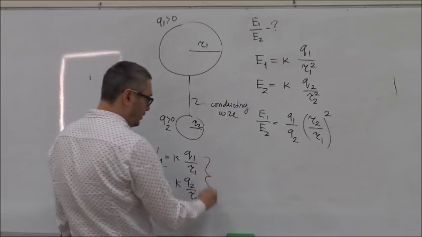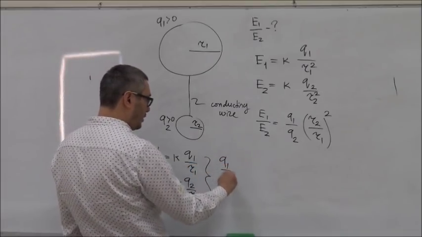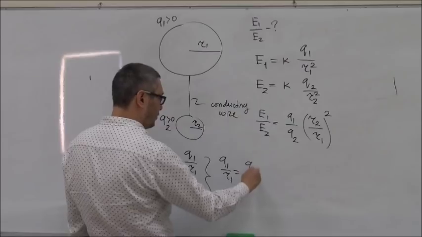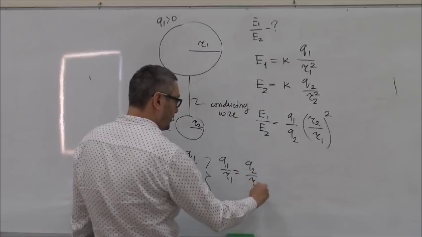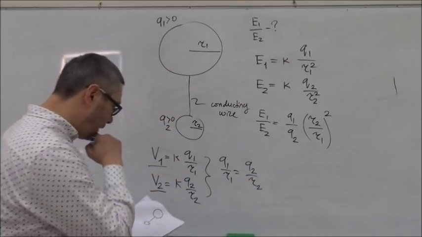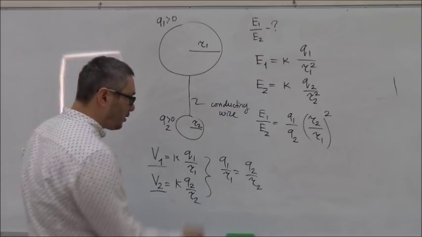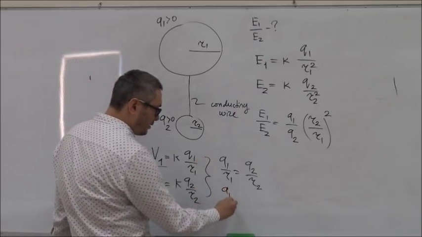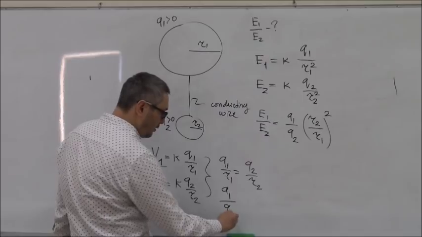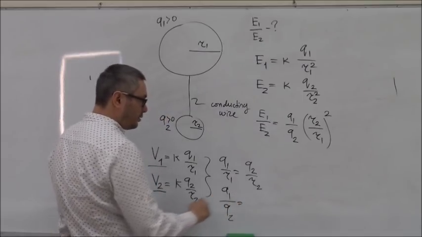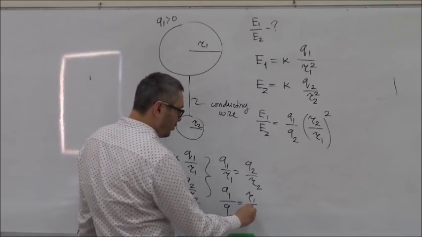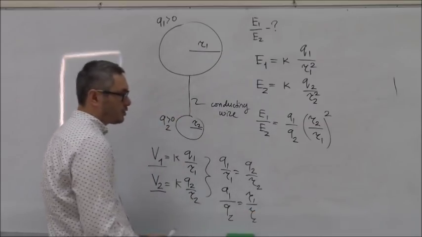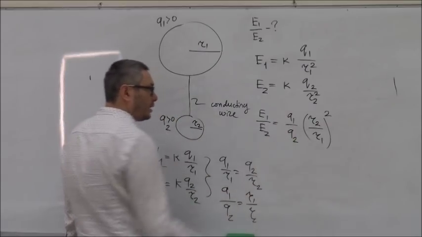So from here, we get Q1 over R1 is equal to Q2 over R2. So the ratio of the charges, Q1 over Q2, is equal to R1 over R2. So we can use that and plug it in here.